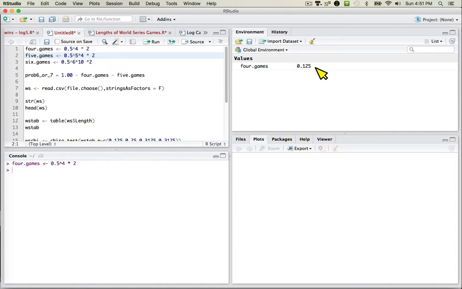Now, how about the probability of a World Series going 5 games? Well, here, what we would do is to multiply 0.5 by 0.5 by 0.5 by 0.5. Then we are going to have to multiply by 4. And the reason for that is that there are 5 different ways to order 4 wins and 1 loss. So you could lose the first game, lose the second, lose the third, lose the fourth, or lose the fifth.